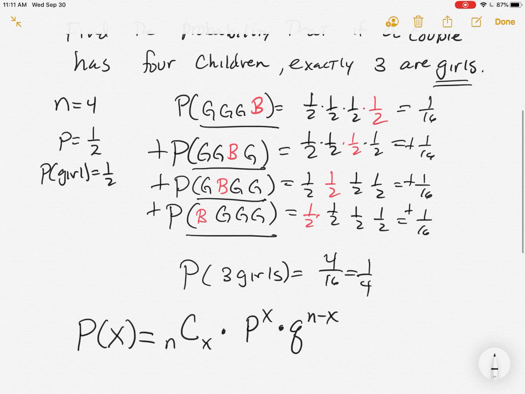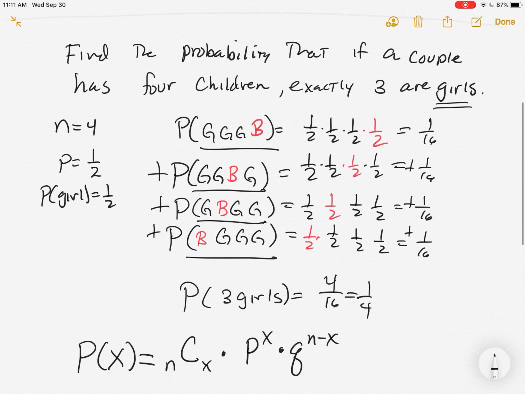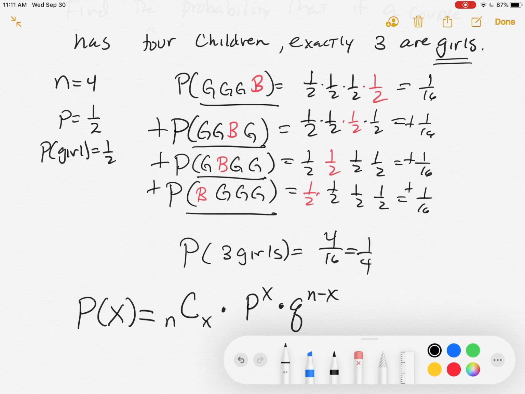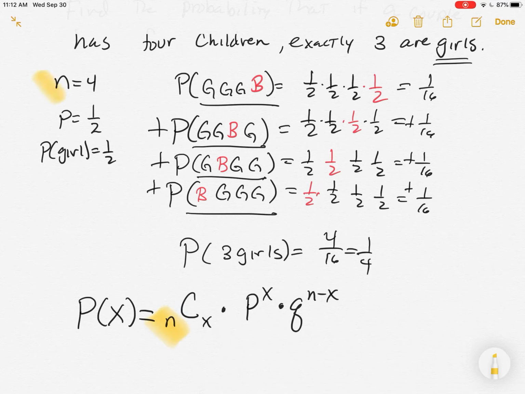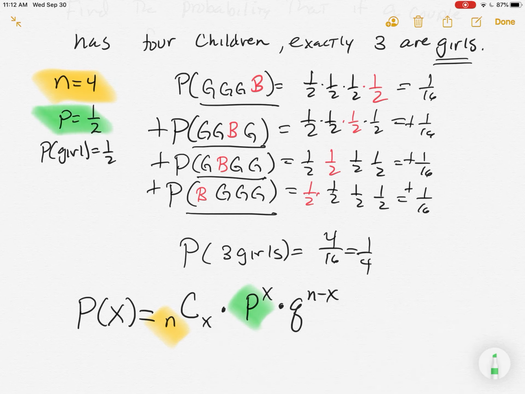Remember our question here. Our question was, find the probability that if a couple has 4 children, exactly 3 are girls. N is the number of trials. Little p is the probability of success, the probability of getting what you want, a girl, on an individual birth, right?